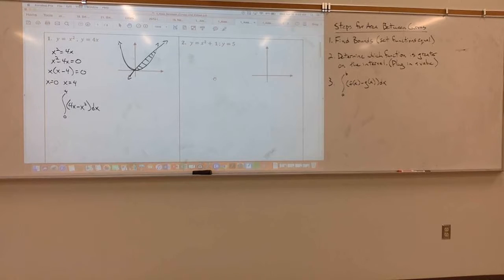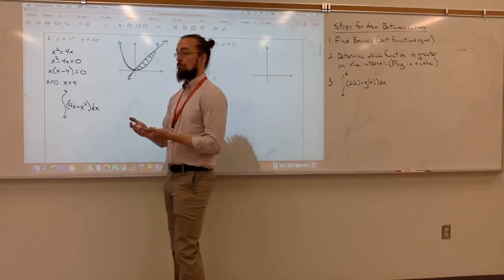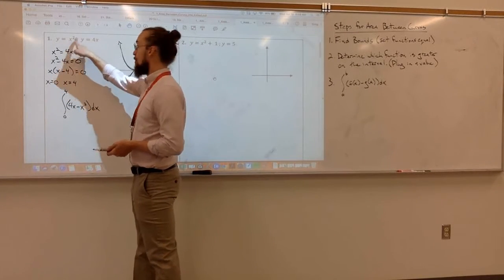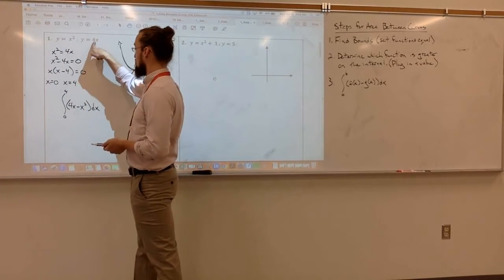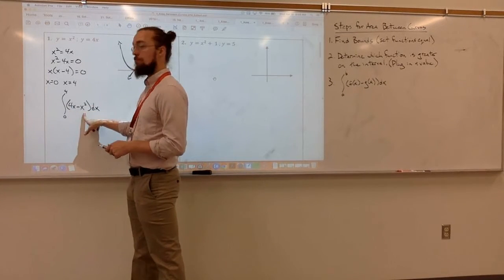Okay, so we found that they intersect at 0 and 4. So I'm going to pick a value in between 0 and 4 and plug it into both of them. So say 1. If I plug 1 in, I get 1. If I plug 1 in here, I get 4. So this one's greater. So just do 4x minus x squared.